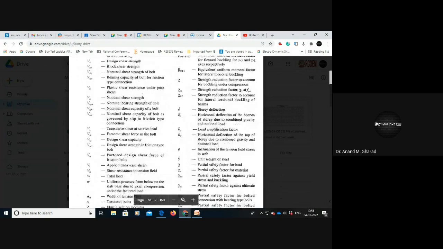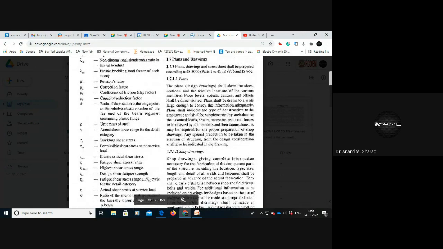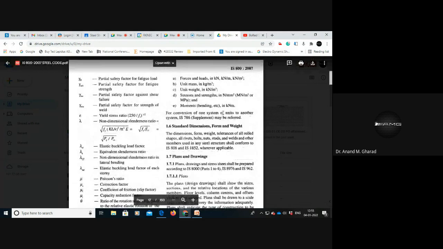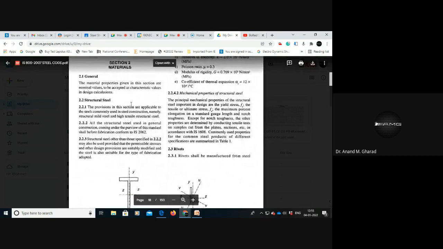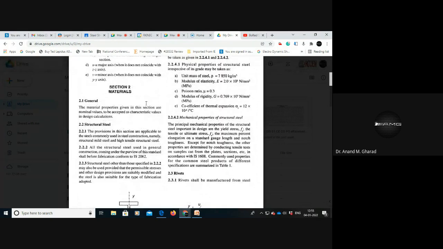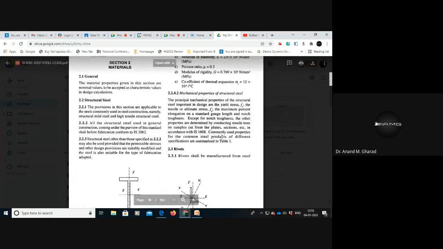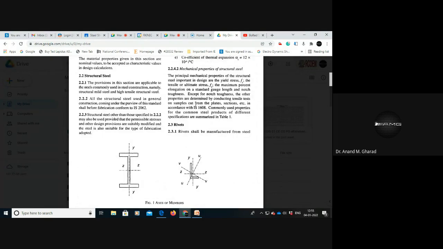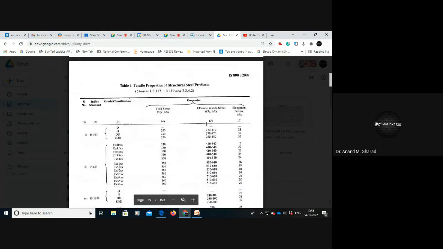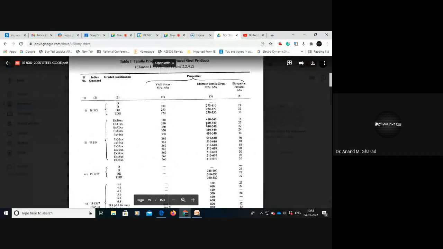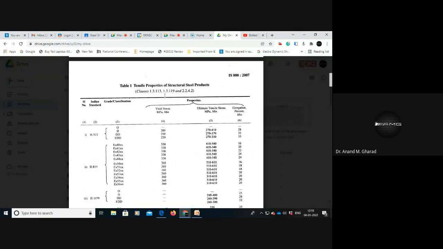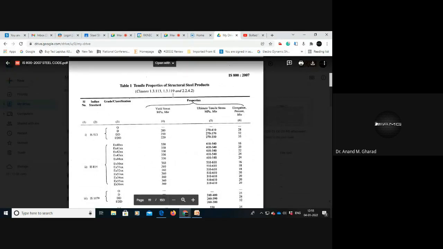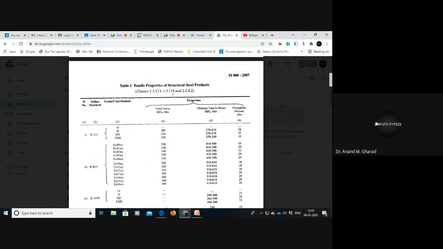Now, this part is the general introduction that we have already covered. Okay, rivets, related to rivets. Yes. So before discussing that, let us see this table. This table is very important for us. Okay, Table number one. We shall be referring to it every now and then.